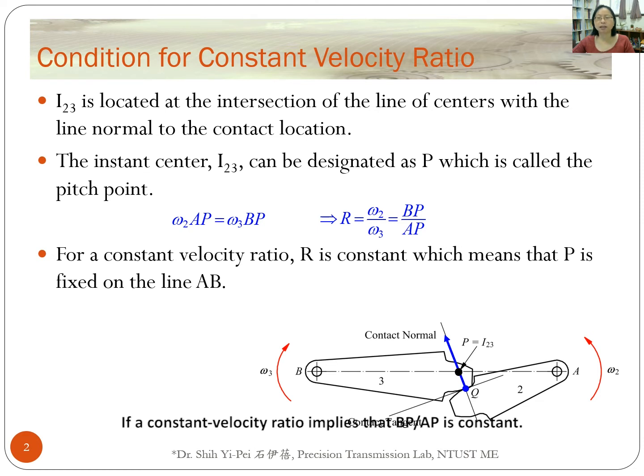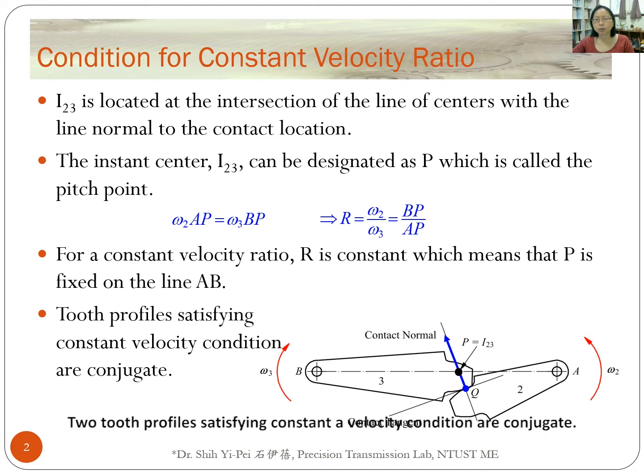A constant velocity ratio implies that VP over AP is constant, that is, P is a fixed point on the line of centers between the two gears. Two tooth profiles satisfying the constant velocity condition are conjugate. It means these two tooth profiles have a common normal.